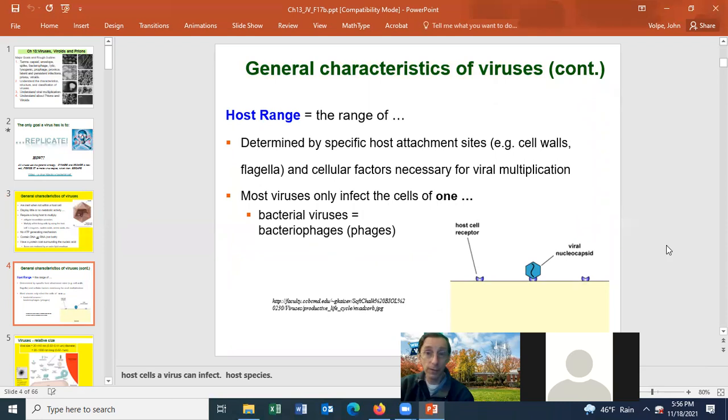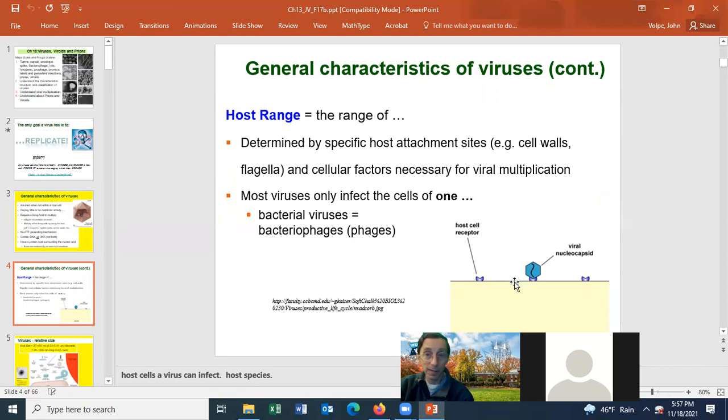There are some general characteristics of viruses, and that is they have a host range, the range of host cells that they can infect. And we're going to talk about different species being the range. The host range is determined by specific attachment sites on the host cell, as well as on the virus.